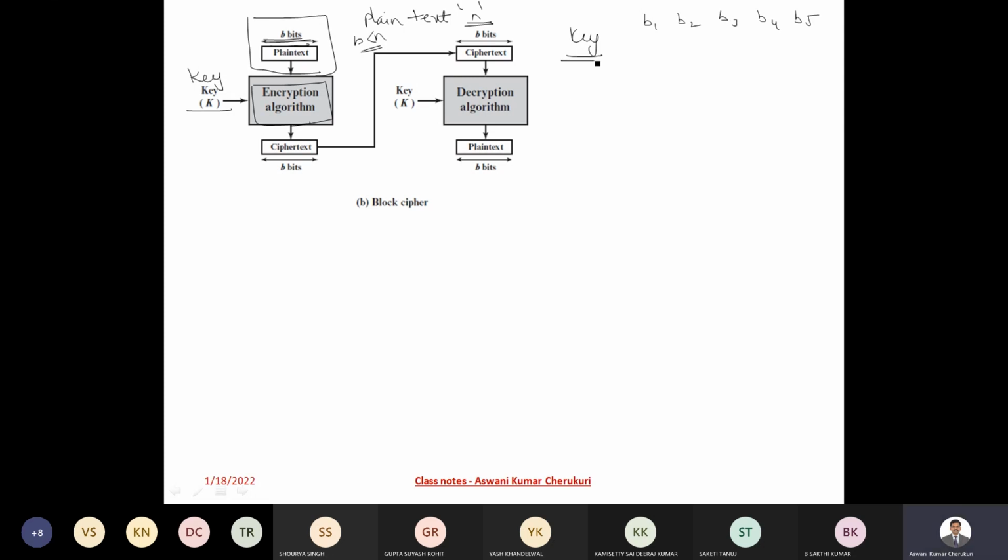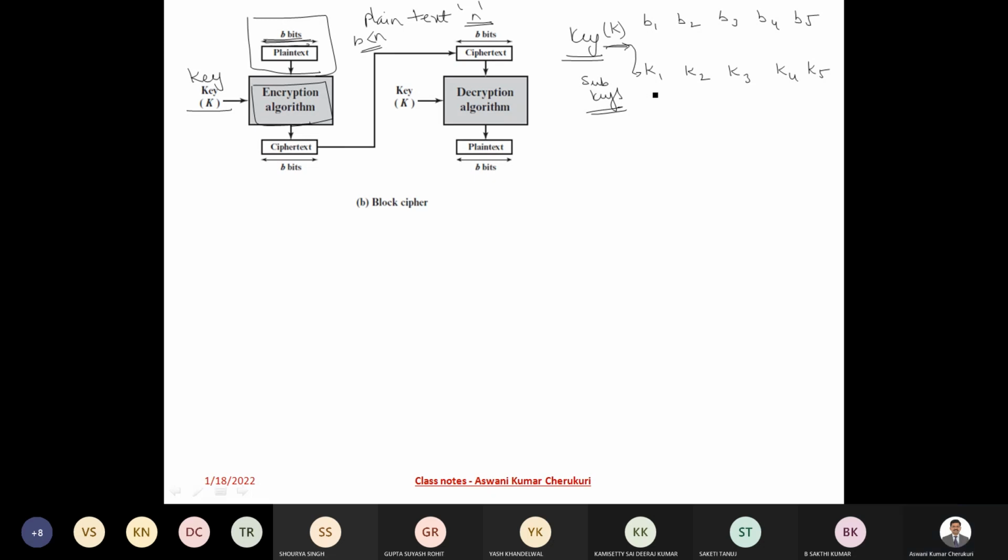I'm submitting a key to the encryption algorithm. From this key, I am going to generate subkeys called K1, K2, K3, K4, and K5. These are all called subkeys, and they would be generated from your main key.